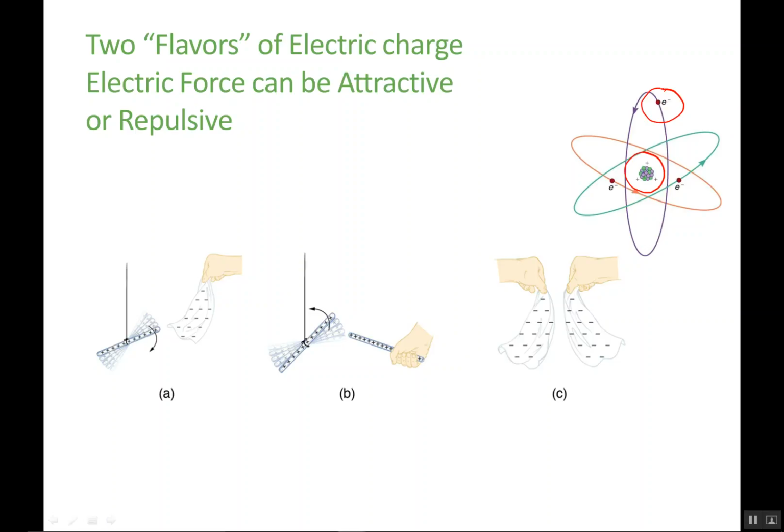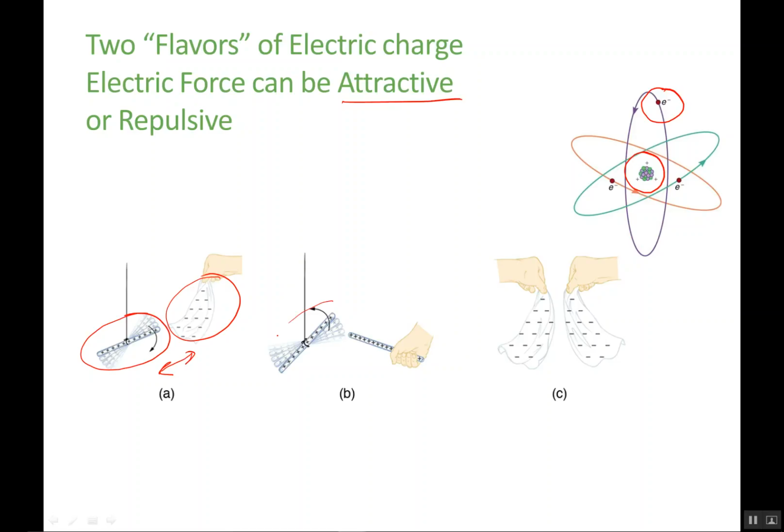And this is important because it turns out that charges exert forces on other charges. If you have a collection of positive charge near a collection of negative charge, what we find is those collections of charge exert an attractive force on one another.